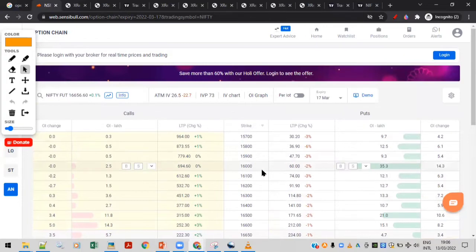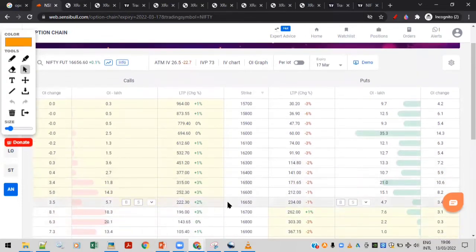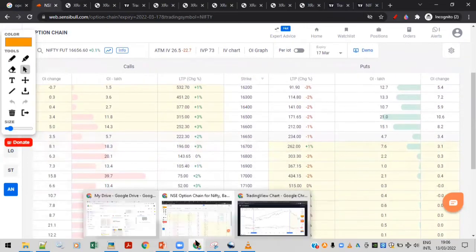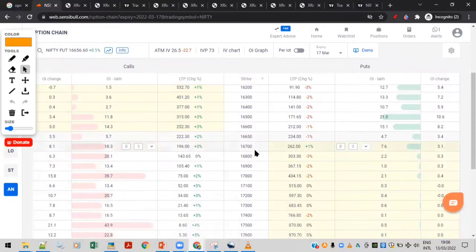Like here, this strike has bigger open interest, then 16,300, then 16,500, 16,700, 800, like that. These are the strikes you need to watch when you are doing option chain analysis. The major supports and resistances are built on these strikes: 00, 300, 500, 700, 800, and again 00. So that was another point we had to discuss here.